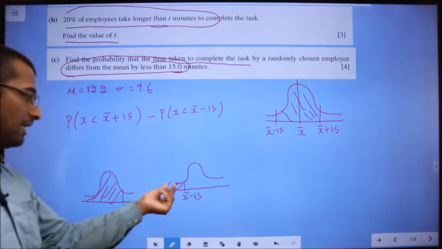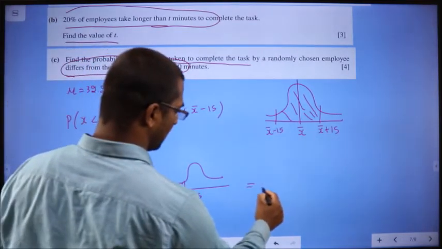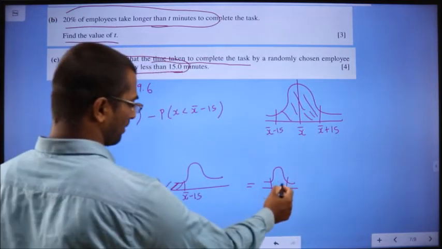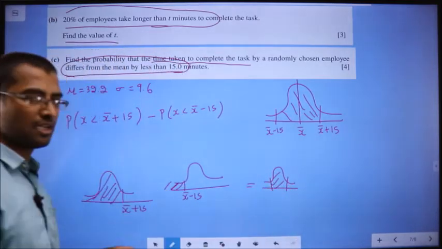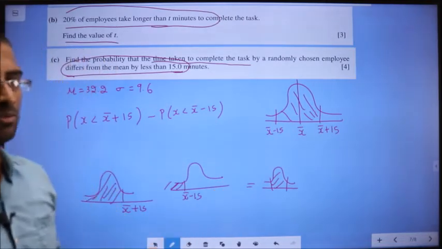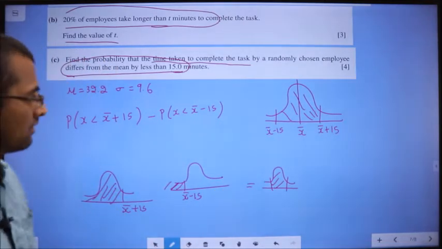From this area, if you remove this, you will get the in-between part. Is it clear? Remember, always for the in-between area, this is how you do it.